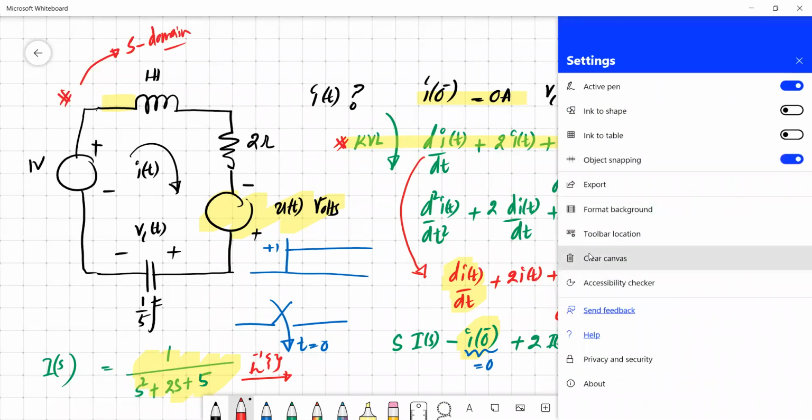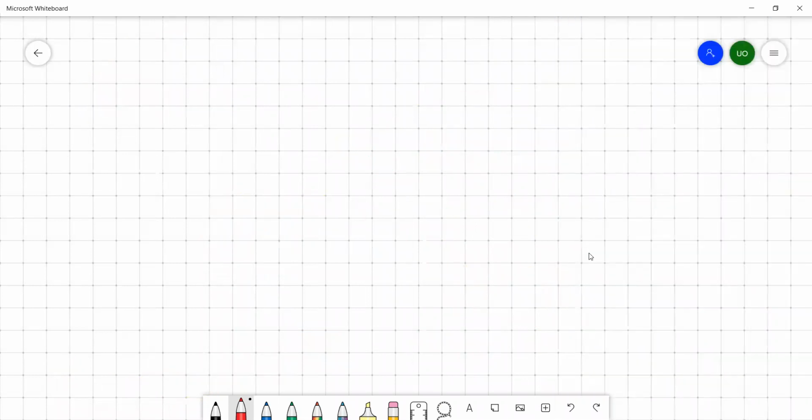Let's see how we can do this. Now we know that we have inductors and capacitors in the circuit. If you have inductors, what's the relationship between voltage and current?